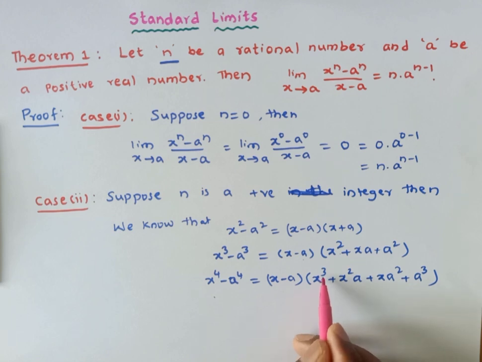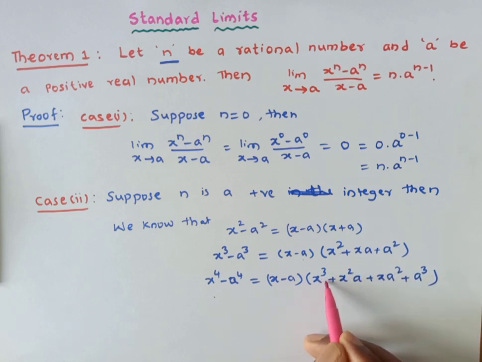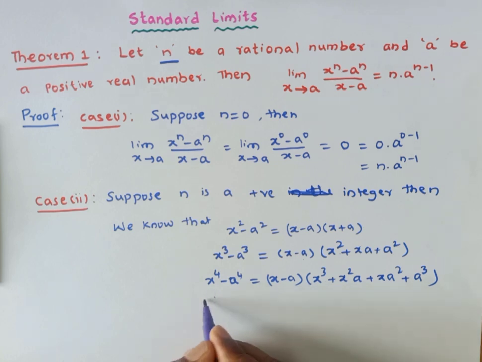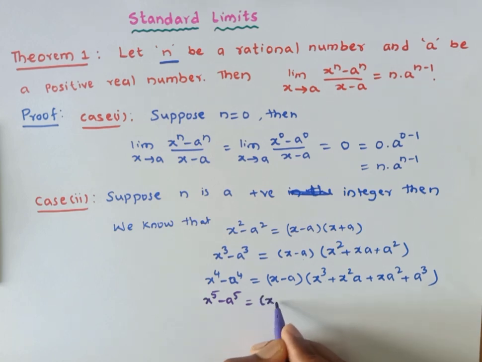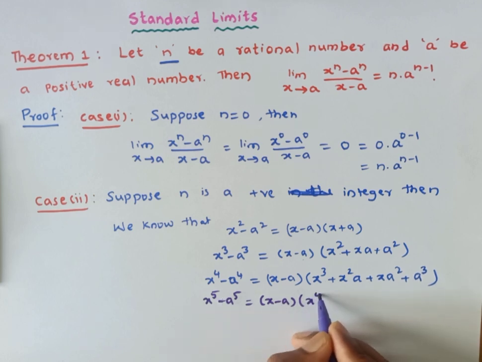See here you can observe. Here 3, 2, 1, 0 and a power 0, a power 1, a power 2, a power 3. So similarly, by using this you can express x to the power of 5 minus a to the power of 5. Now see how to express this. So this is x minus a times, first we need to reduce one power. So it is x to the power of 4.